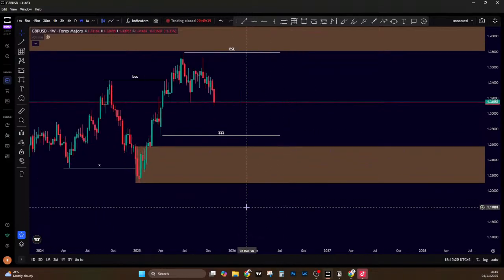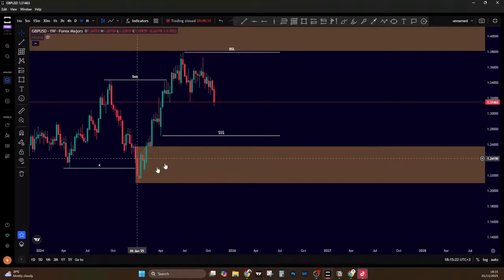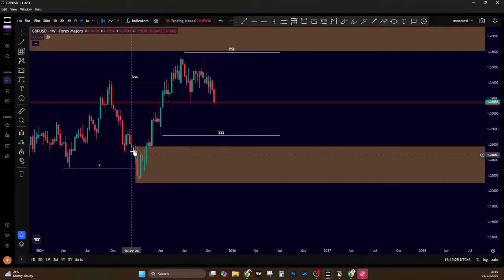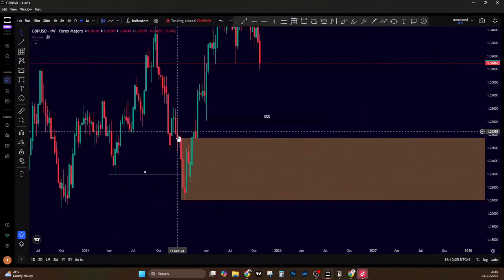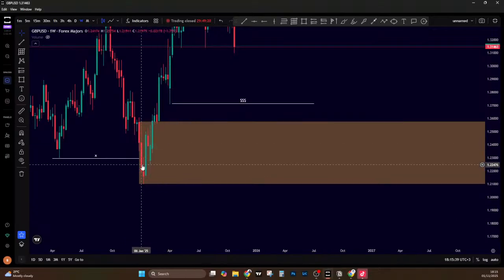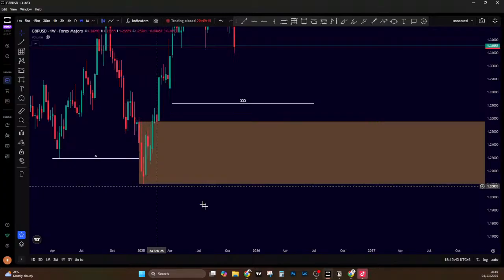So we come to where we have our demand zone here, and try to see if we can refine this to anything in the weekly time frame. Can we refine this to anything? Because this is the order block here, from this area to this area.